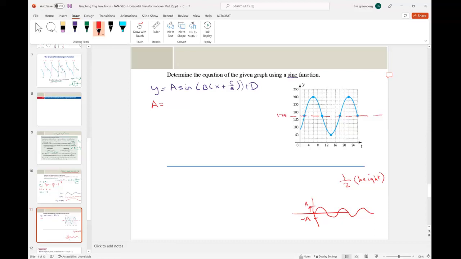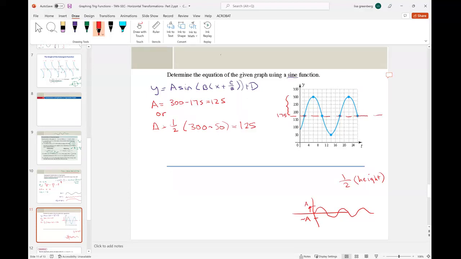So I can say it's the amplitude, 300 minus 175, which is 125. Or I can say A equals 1/2 of the height, which is 300 minus 50, which is still going to be 125. Either way, it works.